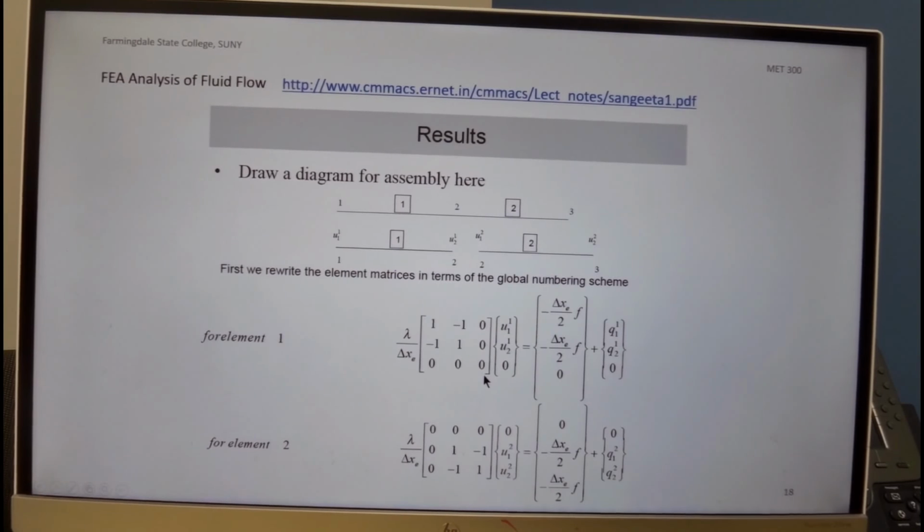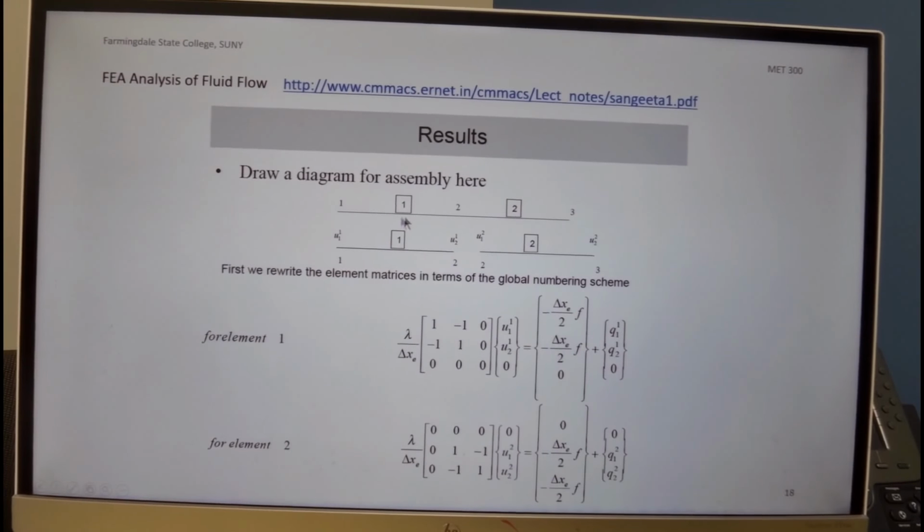When we assemble the matrix for the entire object, we come up with a matrix that has n by n rows and columns, where n is the number of nodes in the system matrix. We have here two elements, 1 and 2.